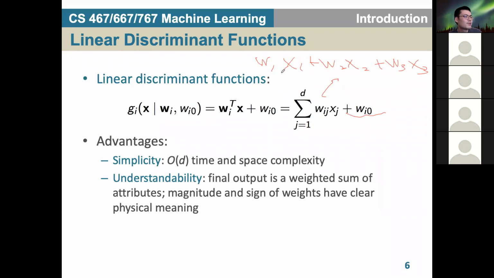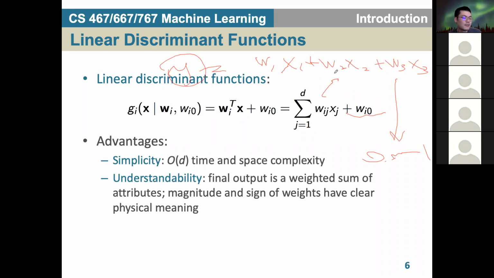Let's say after you call model fit, it trains those 3 weight parameters. We find that W3 is almost 0, 0.0001. What does this mean? That means your g is irrelevant to x3. Whatever value x3 is, it does not impact the score of this class.